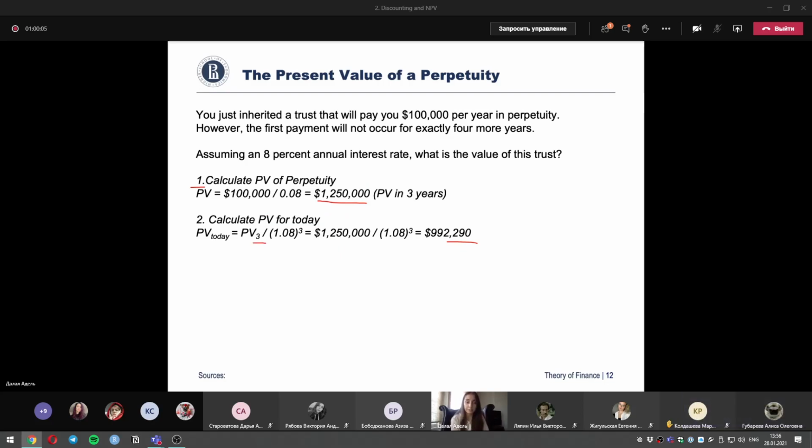So from year 3, you will get $992,290. Any questions here? So here you have to be very attentive to, again, the main assumption of ordinary annuity.